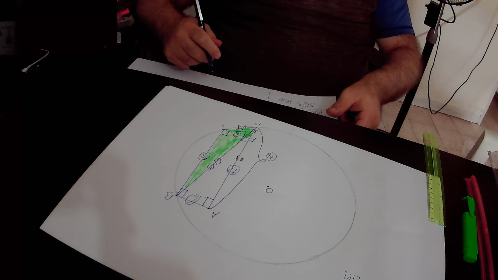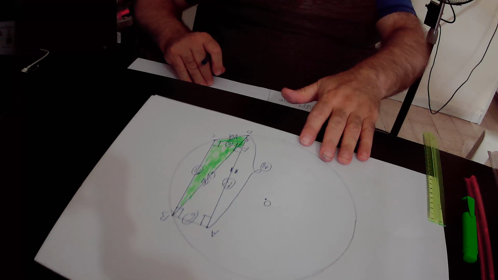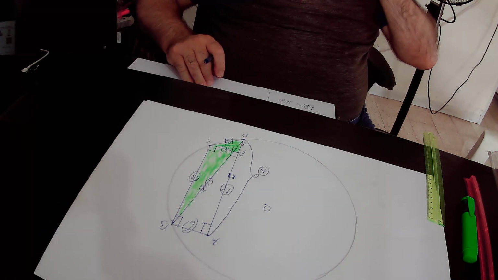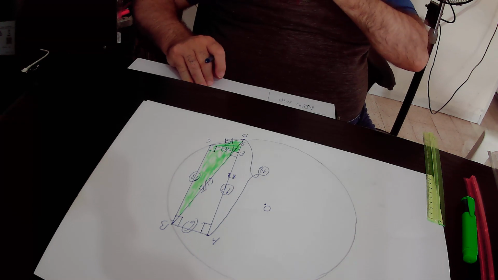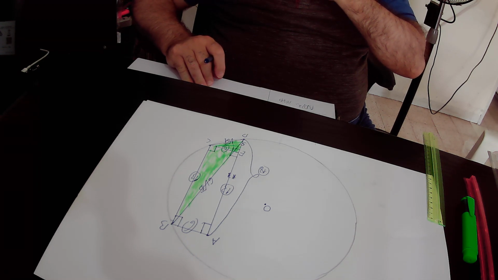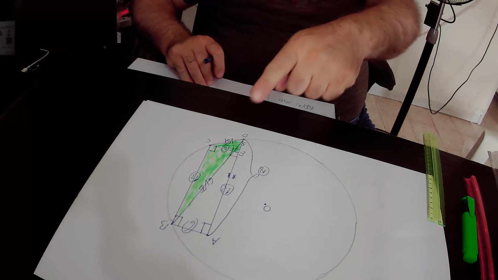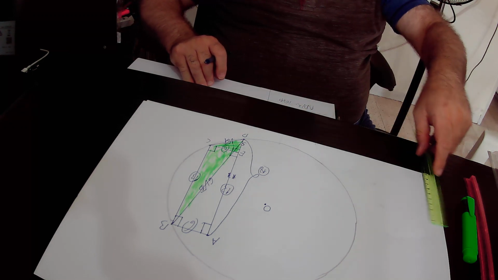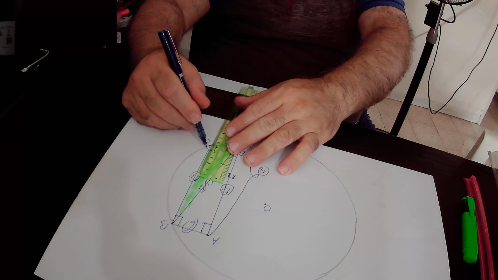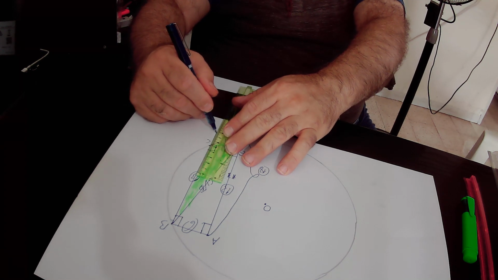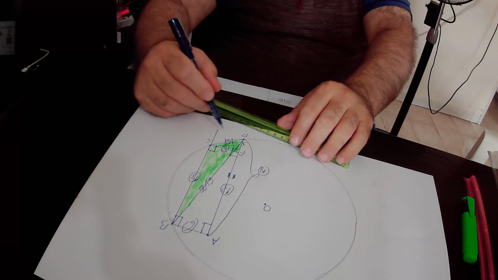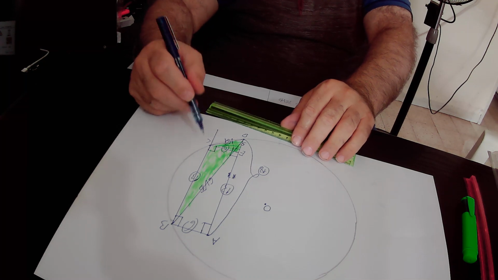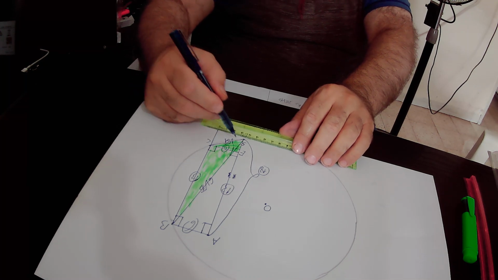Okay, so in the next step we'll find out the value of the height by extending side BC by a straight line, and then from point D we will draw a perpendicular to the extended side BC.